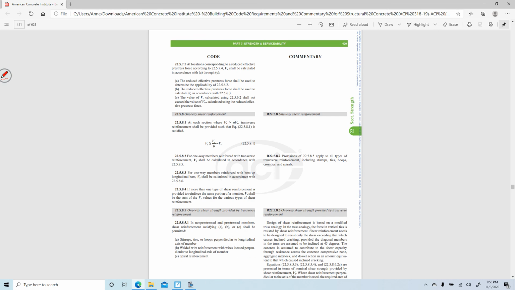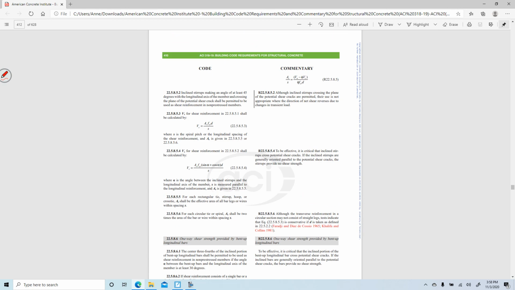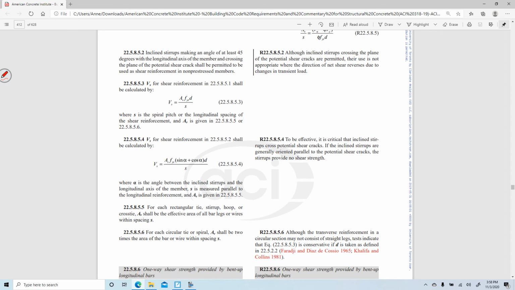Right? There we go. V_s is your area of steel in shear, the yield stress of that steel reinforcement, depth to your tensile reinforcement, and then the spacing.